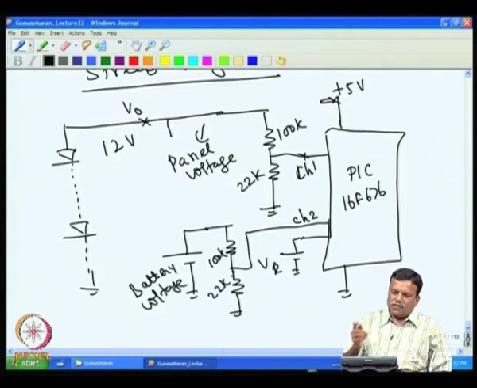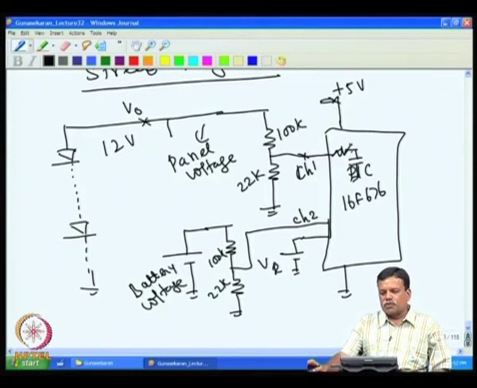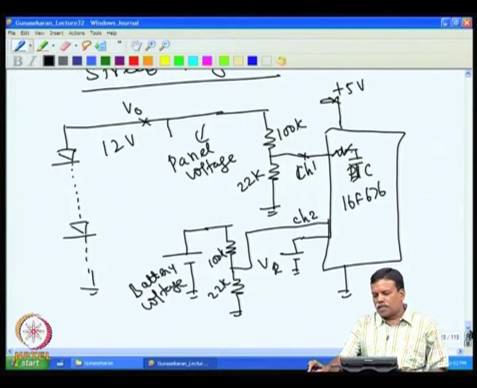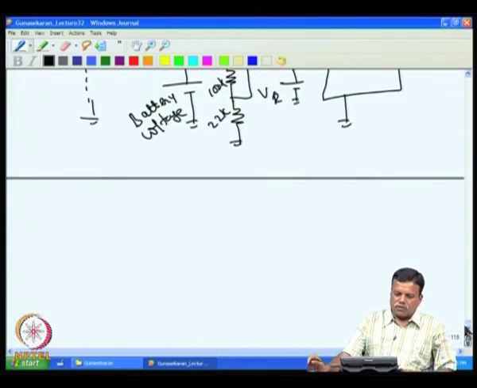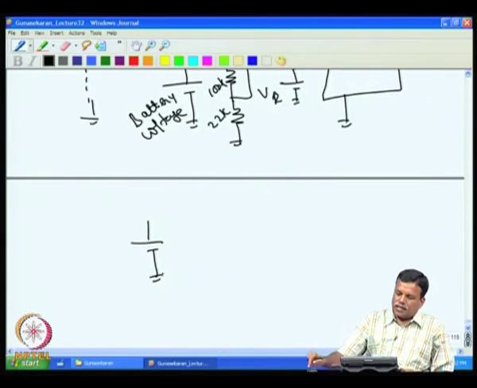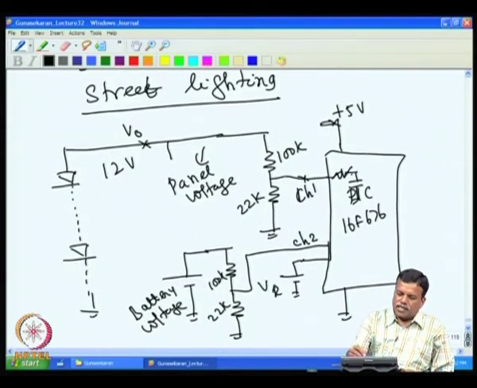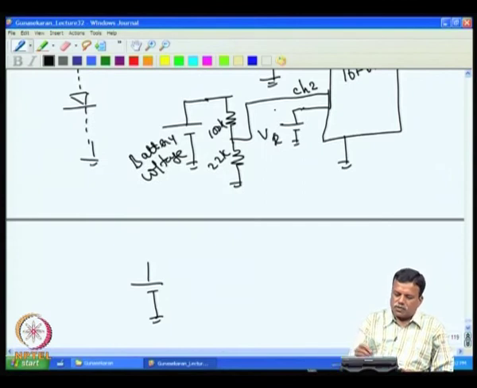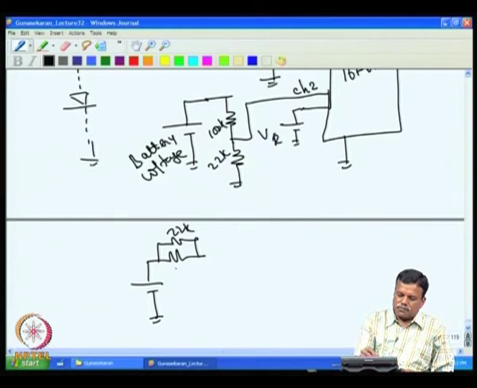Now, in this circuit, if I look at the converter inside, we have about 1K resistance inside, and a sample and hold capacitor. So, if I draw the equivalent circuit of this converter, I have a voltage source, and then the equivalent resistance would be 100K parallel 22K, and then the 1K resistance, and a switch resistance which I neglected.